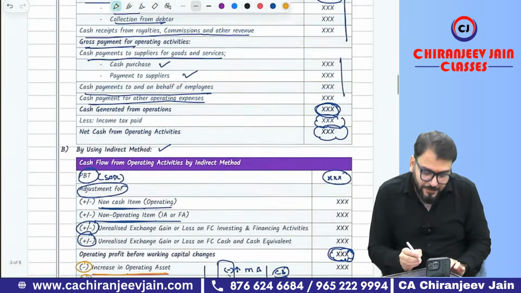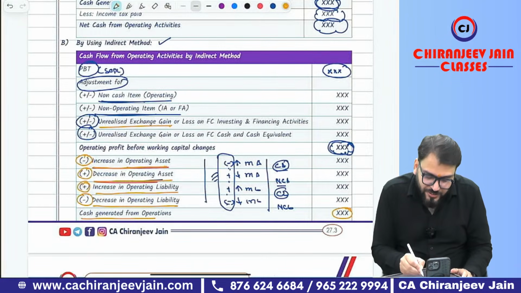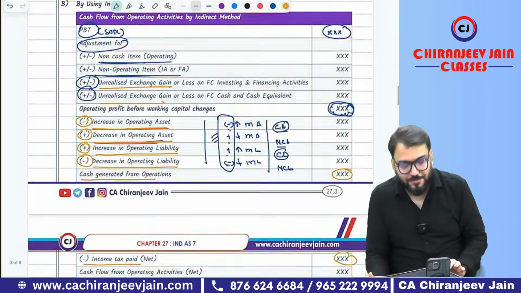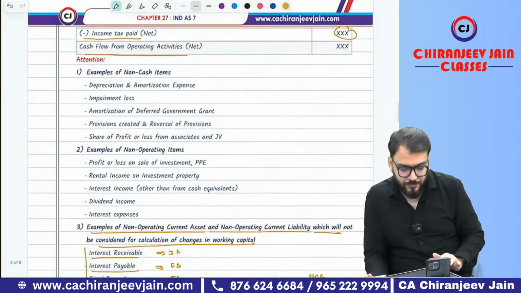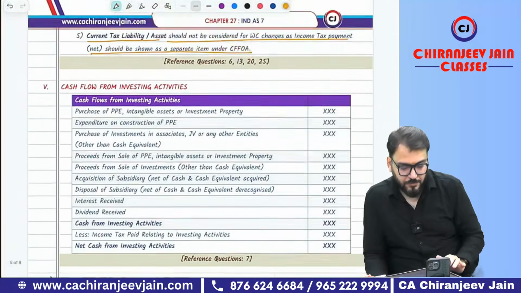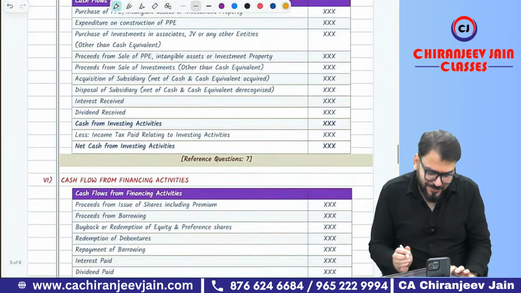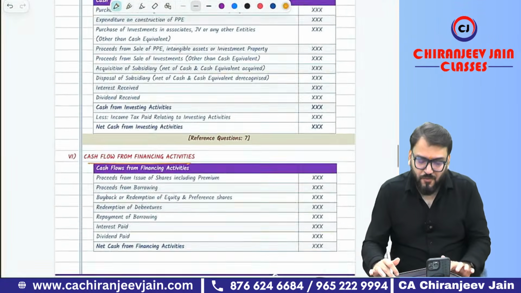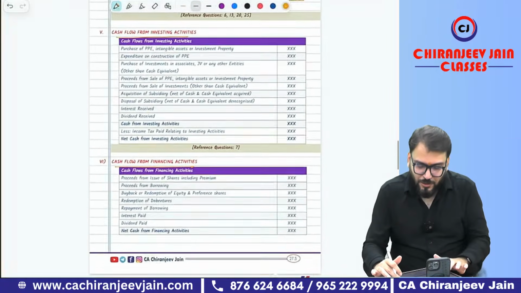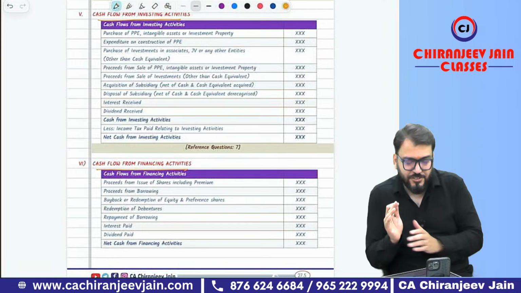Only one point is left, that is about unrealized exchange gain or loss, that I will explain at the end. Apart from this, any doubt? No doubt. Now cash flow from investing activities, just read it. Cash flow from financing activities, just read it. I don't want to discuss, because you can understand this by rote.